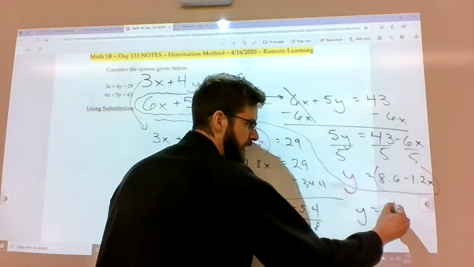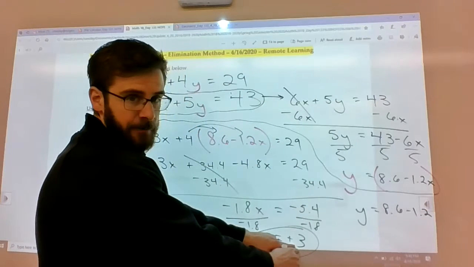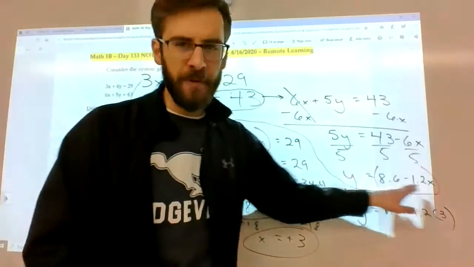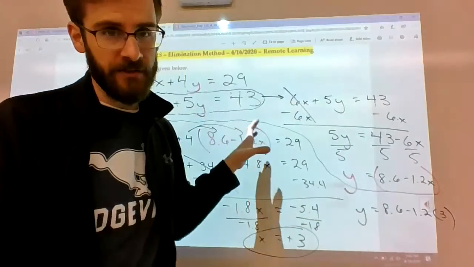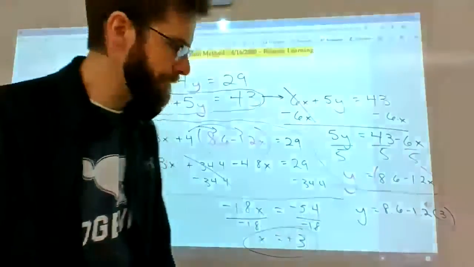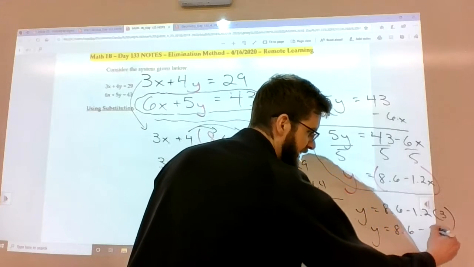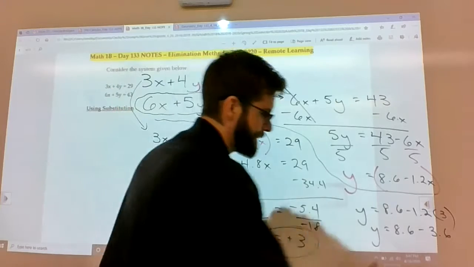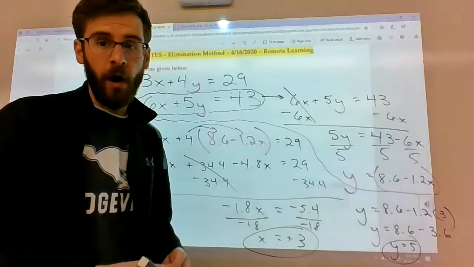So y equals 8.6 minus 1.2 times 3. And I ditched the grouping symbols here with the parentheses just because I'm not plugging it into something else. I'm just using it as it is right now. So 3 times 1.2 is 3.6. 8.6 minus 3.6, 5. All right, x equals 3, y equals 5.